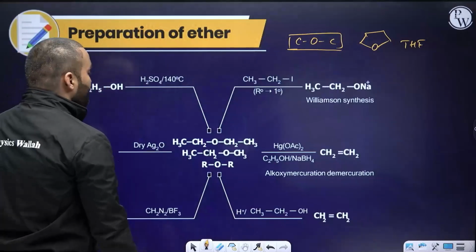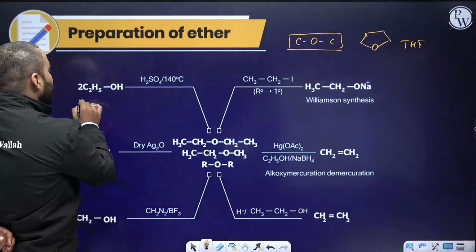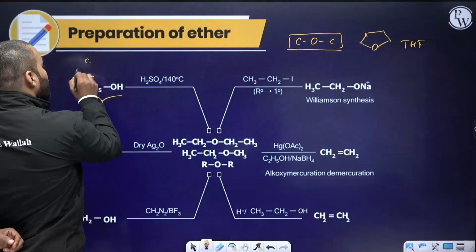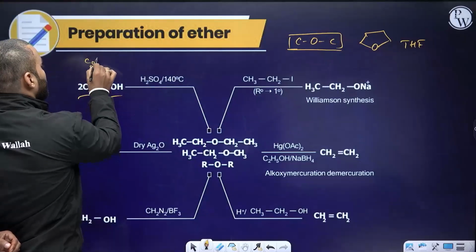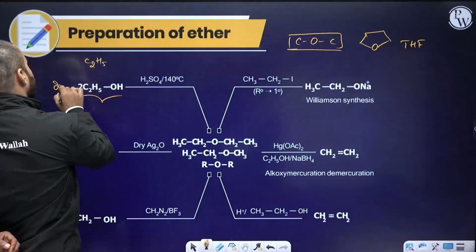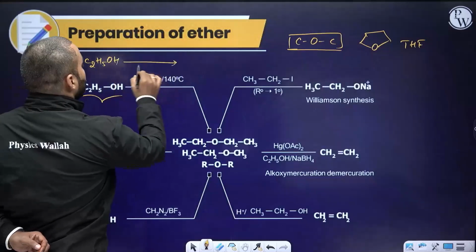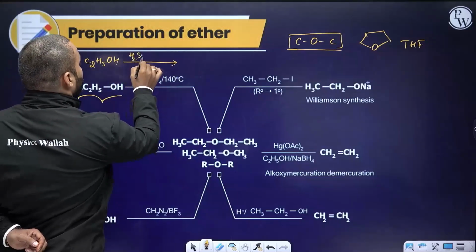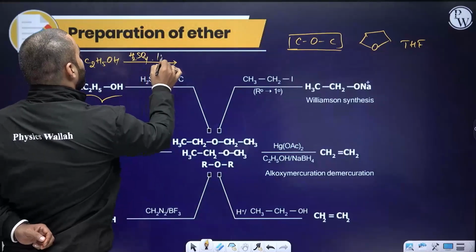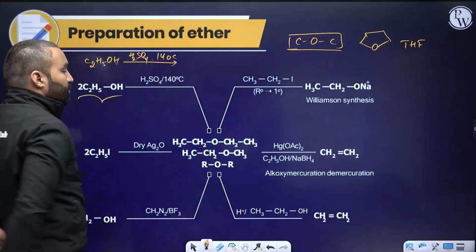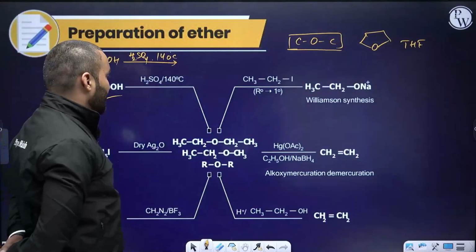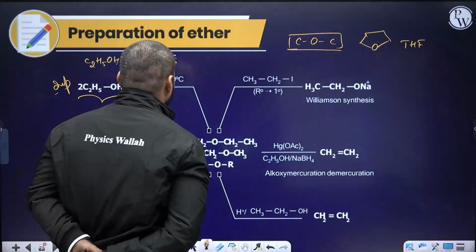So how do we make ether? Let's start with ethanol. If you heat ethanol in the presence of H2SO4, approximately at 140 degrees, this is an important question, guys, please note it down. You need to remember this temperature. In JEE, this question was asked once: at 140 degrees, what do you obtain?